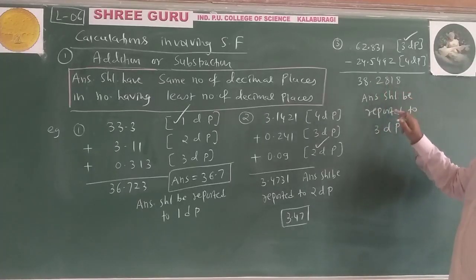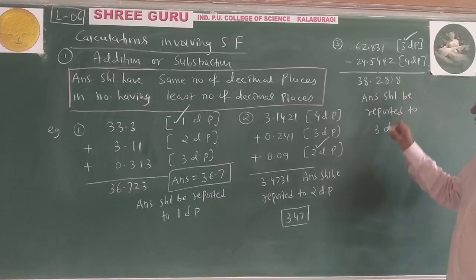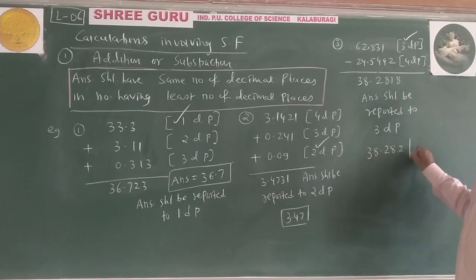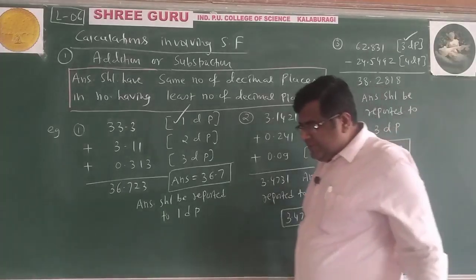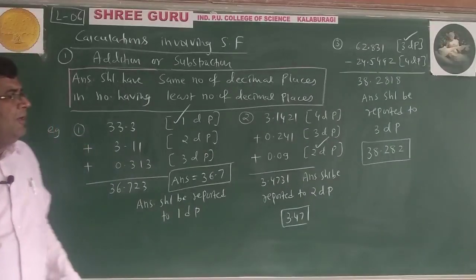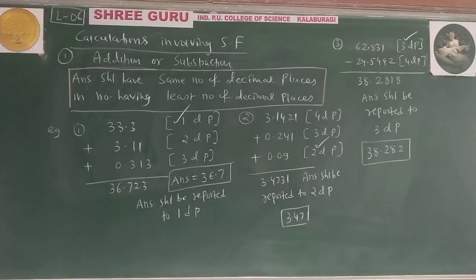1, 2, 3. 8 is to be dropped. 8 is more than 5, so 1 is to be added to the preceding digit. 38.282 is the answer. So you just see these numbers and you will understand how we have done this. For addition and subtraction, the same rule is applicable.